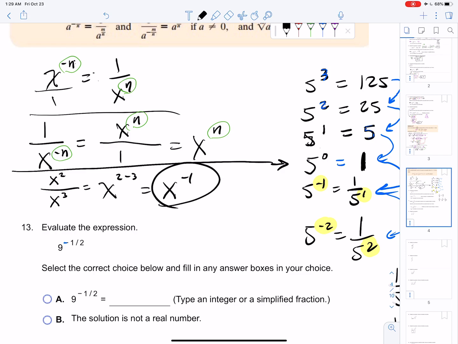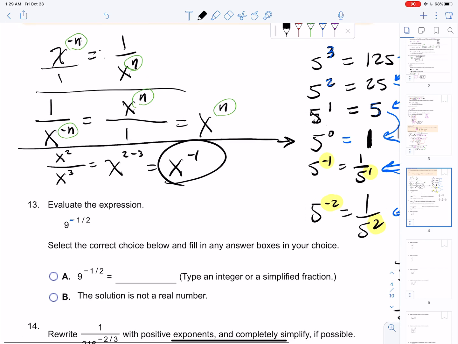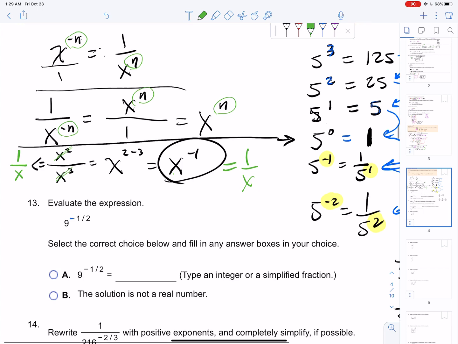But wait a minute, what was this going to be anyhow? If I go this way, if I have x to the second and x to the third, I'm going to reduce 2 of those there, I'm going to reduce 2 down there. That's going to leave me with an x in the denominator and a 1 up top, right? X to the negative first is equal to 1 over x to the positive first. So you kind of see how this stuff works.